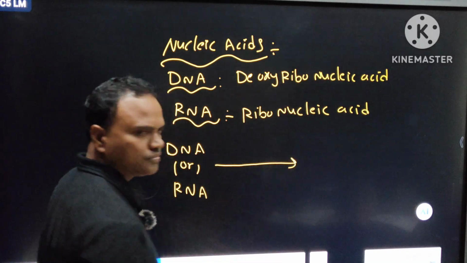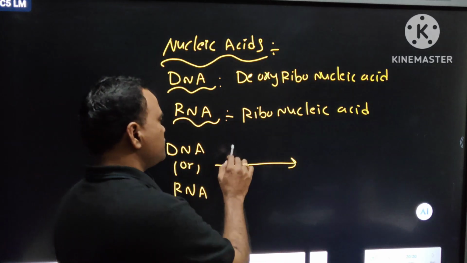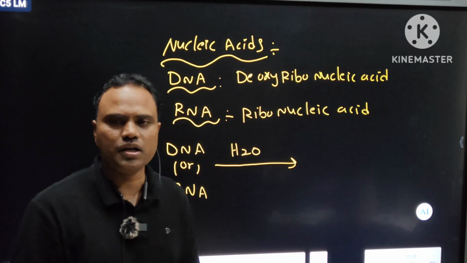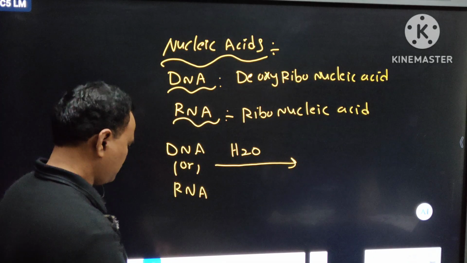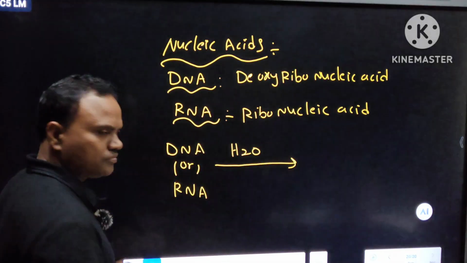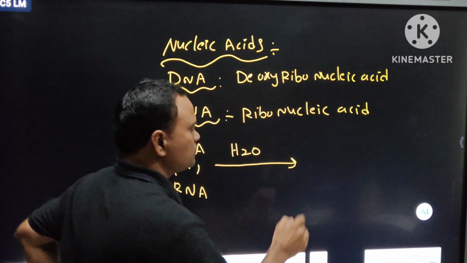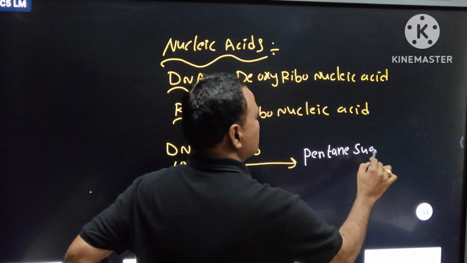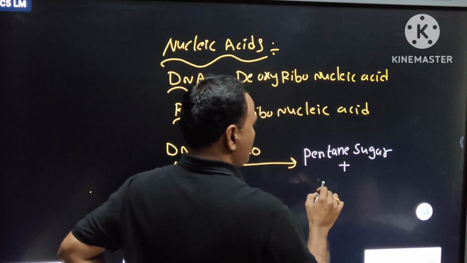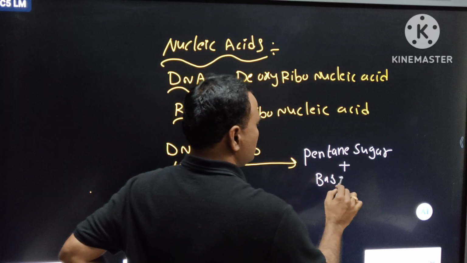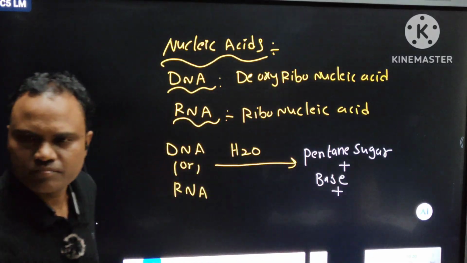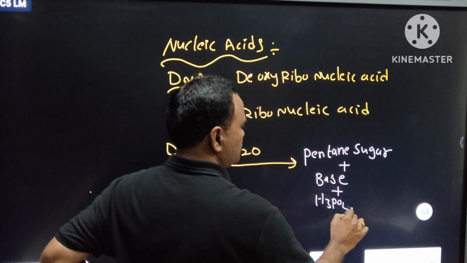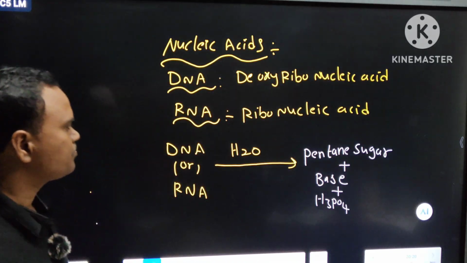DNA or RNA when subjected to hydrolysis, tell me, what are the products? Hydrolysis products. Don't know? Pentose sugar plus nitrogenous base and H3PO4, phosphoric acid.